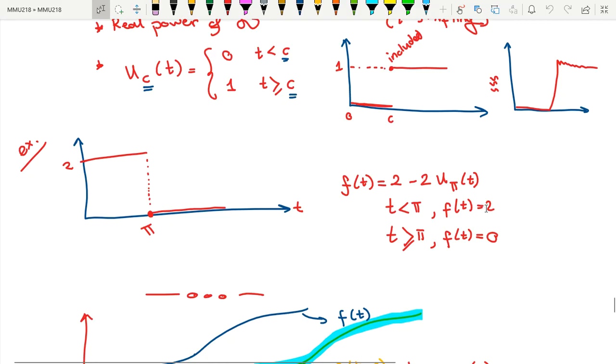So f of t will be 2. Is that so? Yes. Until pi, my function is just 2. At pi and after pi, u is going to be 1, times 2, and 2 minus 2 is going to be 0. f of t is going to be 0 after pi.